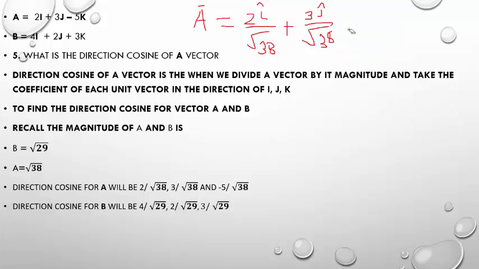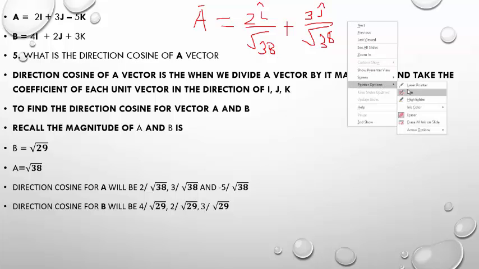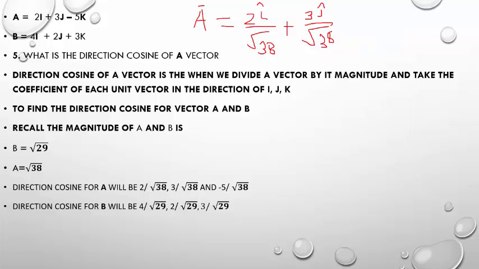This one's supposed to be minus. So minus 5 over root 38.